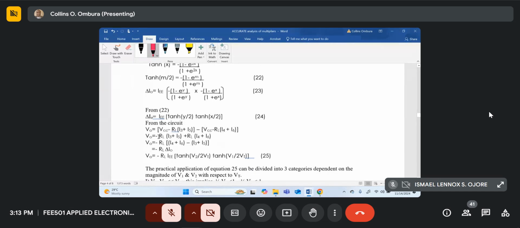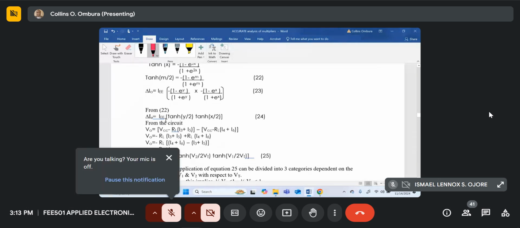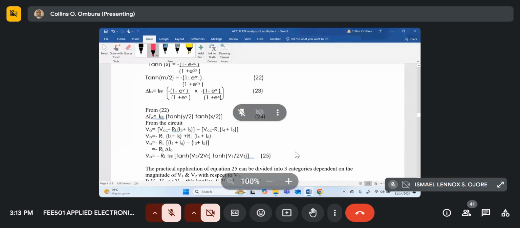Now I'll leave this for you to do, but the output is just the differential current times RL, which is equation 25 over here. So equation 24 times RL will give us the differential current. To get the sign, you have to substitute all this.